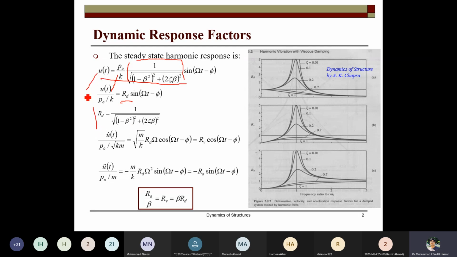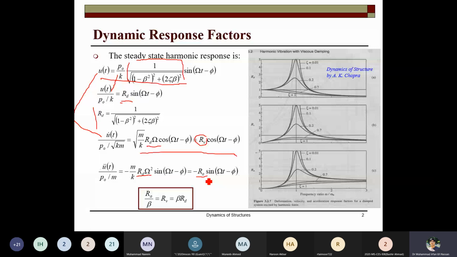Now you take the derivative of this function and compute that, and now RD into omega is called RV. इसको आप RV कह दें. And now again you take the second derivative of this displacement response, and compute RD omega square and call it RA.